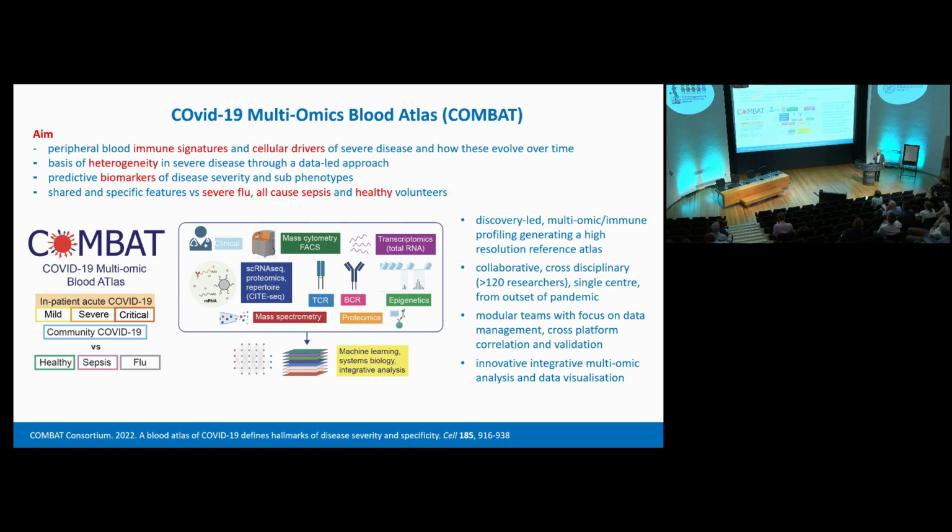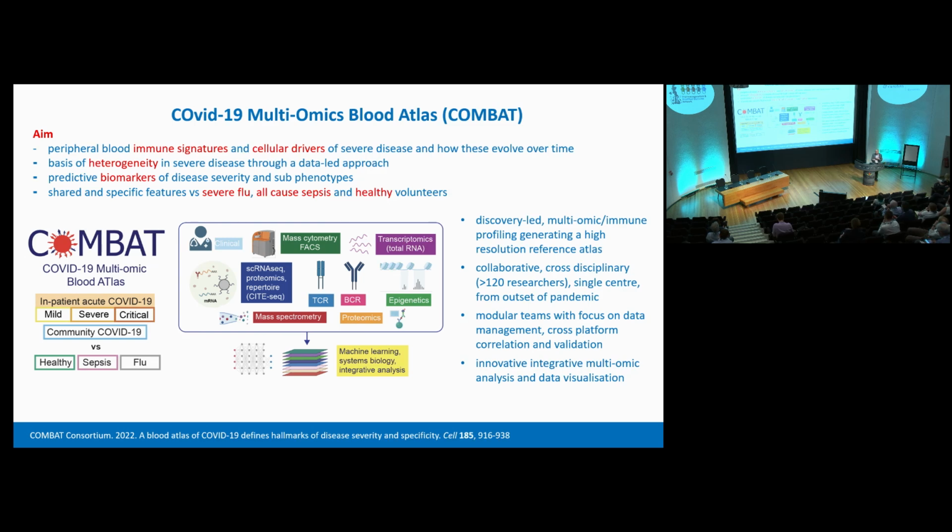So it was a remarkable opportunity, really, to bring together people who really understood applying single-cell approaches, looking at both the transcriptome and the proteome, but also epigenetics, understanding differences in the repertoire, applying sophisticated immunology in terms of mass cytometry. And we recruited patients in the community with COVID-19, patients admitted to hospital with different severities of disease, but then we also had comparator groups in terms of healthy individuals, people with sepsis recruited before the pandemic, and people with severe influenza.